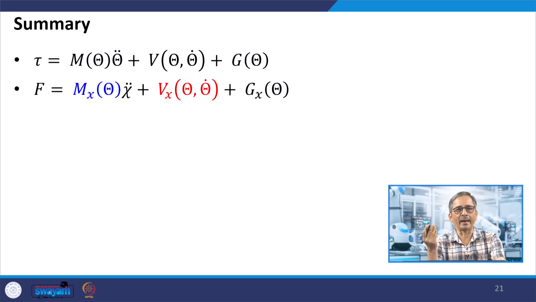To summarize, this is the state space form of the manipulator dynamic equation in the joint space which we have seen, and this is the state space form of the manipulator dynamic equation in the Cartesian space. With this I would like to conclude today's lecture.